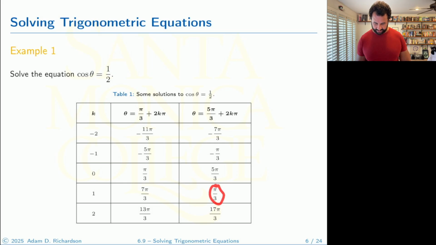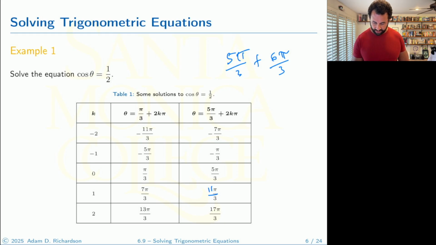Let me calculate it real quick. 2 pi is 6 pi over 3, so that should be 11 pi over 3. My bad. There you go, 11 pi over 3. I'll fix that after the recording.